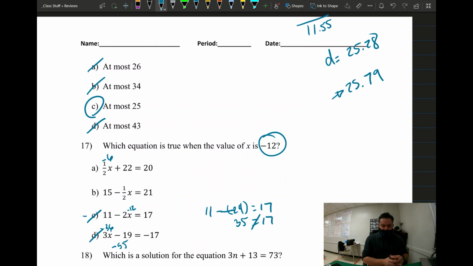I think this is a typo. This must be equal negative 5. Let's see if that works. So it's 7x plus 9 equals negative 5. So I'm going to subtract 9 on both sides. Negative 5 minus 9 is negative 14. So x equals negative 2, which is going to be C.